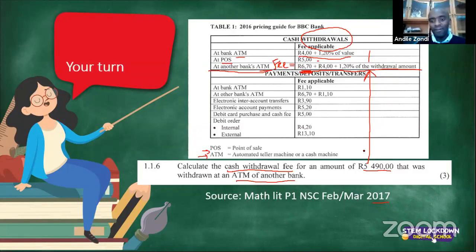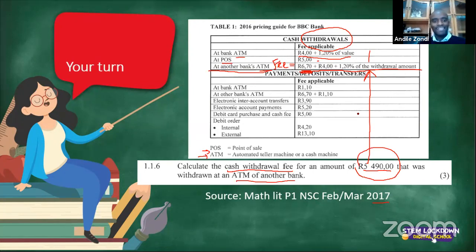Let me use my calculator to see what's correct. So it's 1.2% multiplied by 5,490, plus 4 rand, plus 6.17.